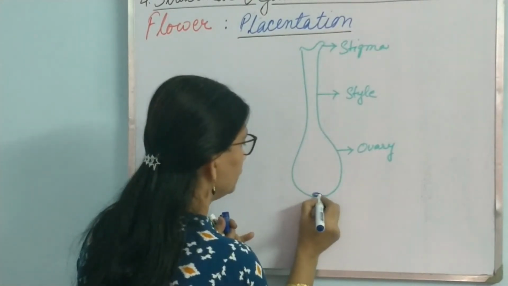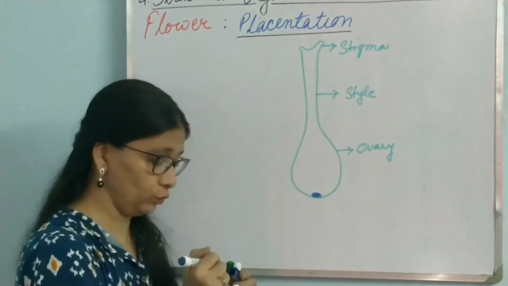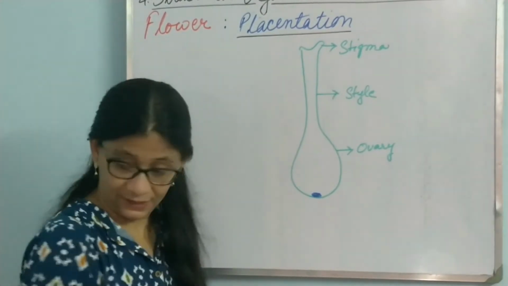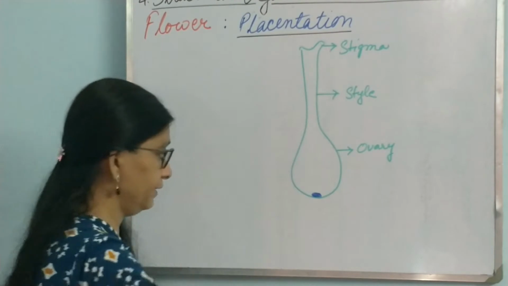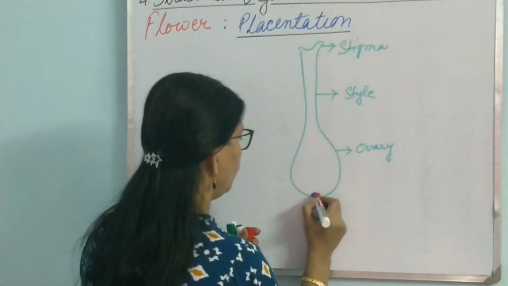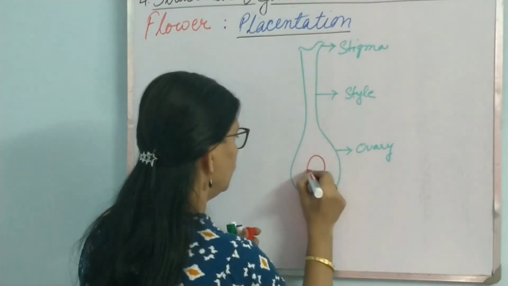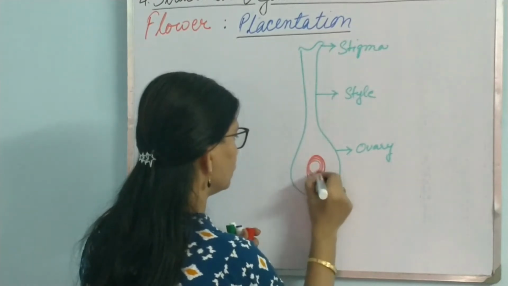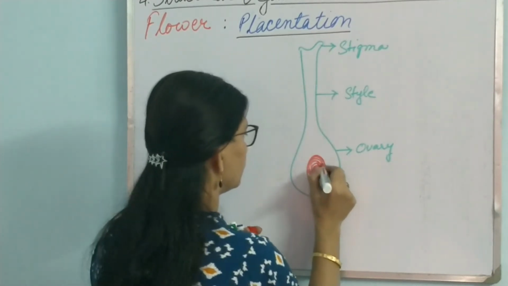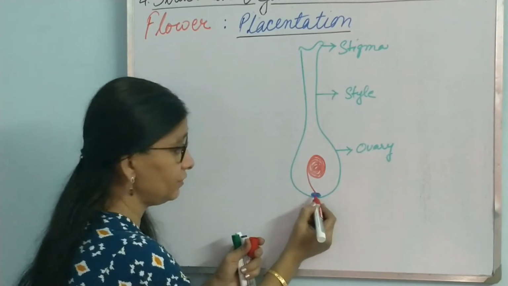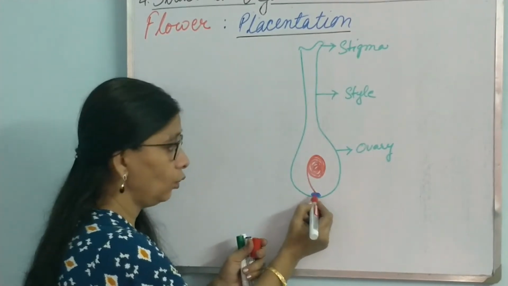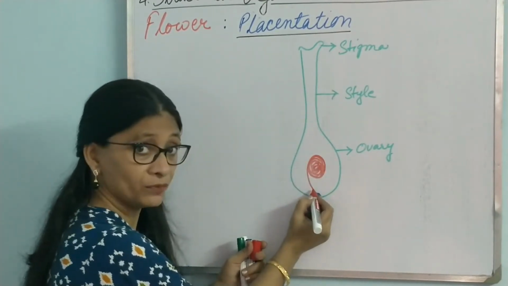Suppose here the ovule will rise from this place. So this region will hold the ovule with the help of a stalk. This region in the ovary will hold this ovule with the help of this stalk.